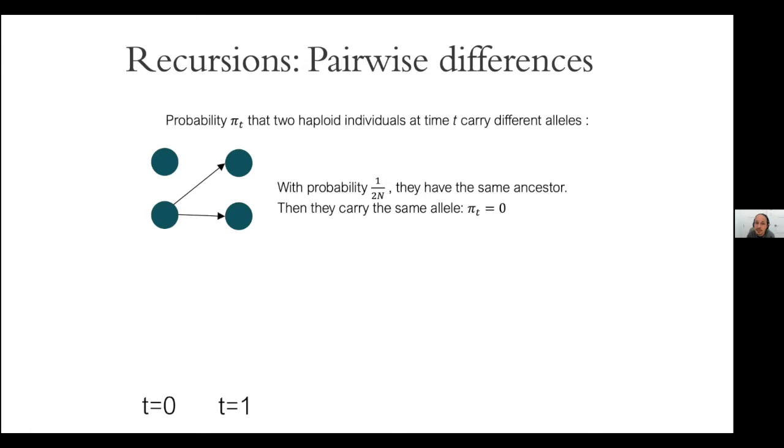If you have 2n haploid copies of the genome, it happens with probability 1 over 2n. So it's quite unlikely, but if that happens and there's no new mutation, these two individuals are going to carry the same allele because they've copied it from the same parental allele. And so in that case, conditioning on them having the same parent, pi, the number of differences, is 0. Okay, so that's the kind of boring case.